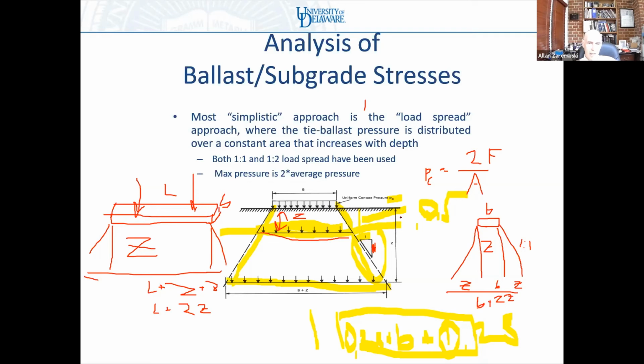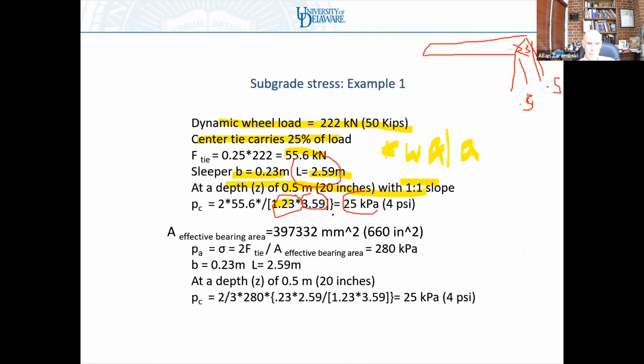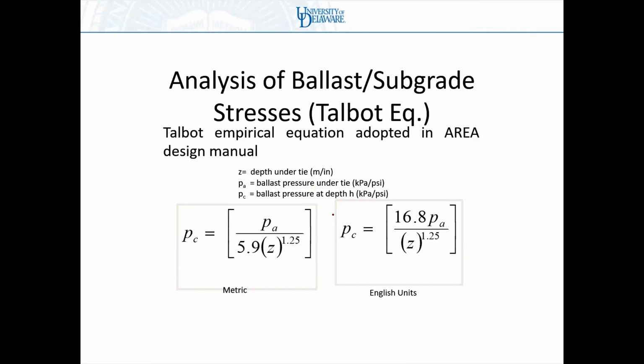As you go down through here, the cross-sectional area increases because you have this shear effect on going through your ballast. As you go deeper into ballast, the area that you're spreading your load over increases. Are we clear? Is that clear now? Yes, thank you. Okay.